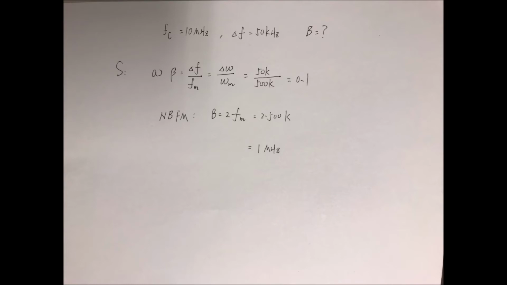You can use beta here. Delta F is 50, so we get 100 kilohertz. My bandwidth is much wider compared with my signal's frequency, so we call it wideband FM.